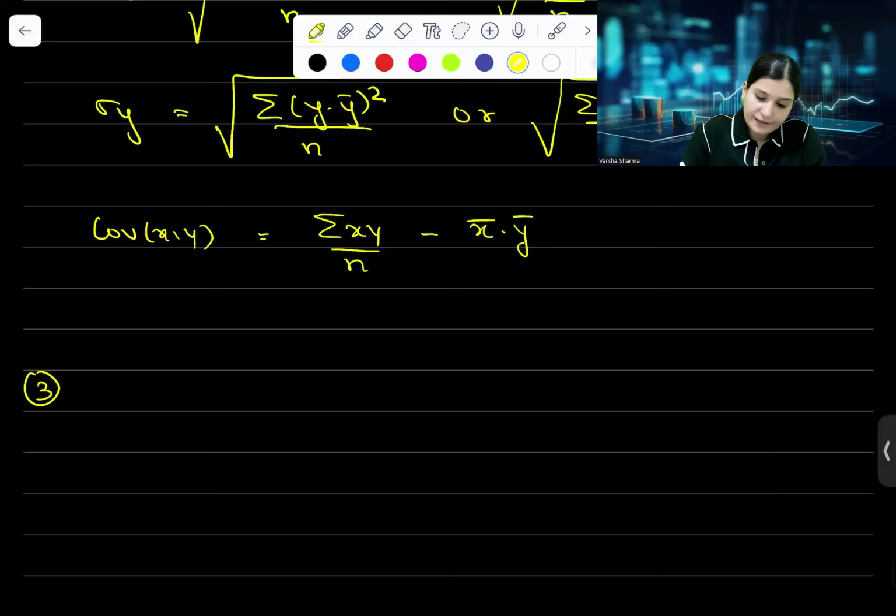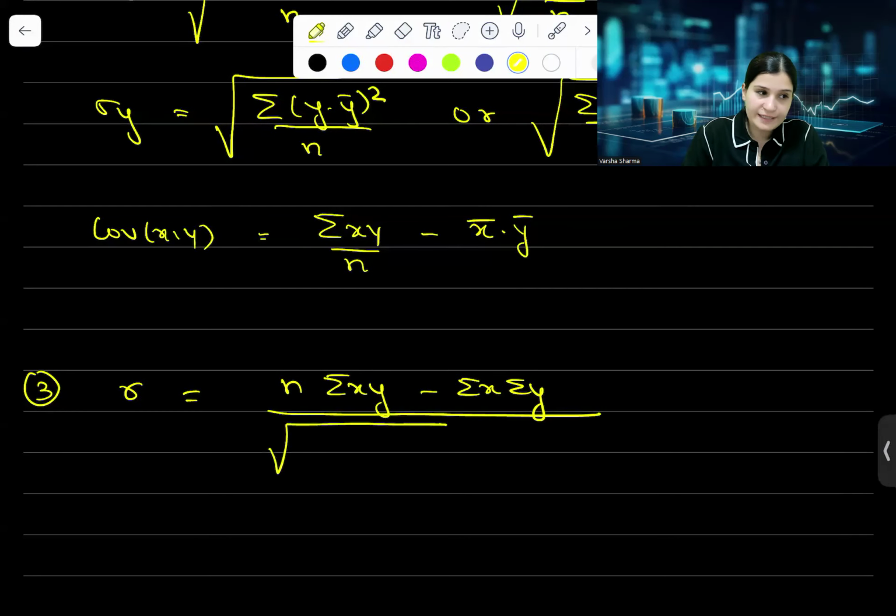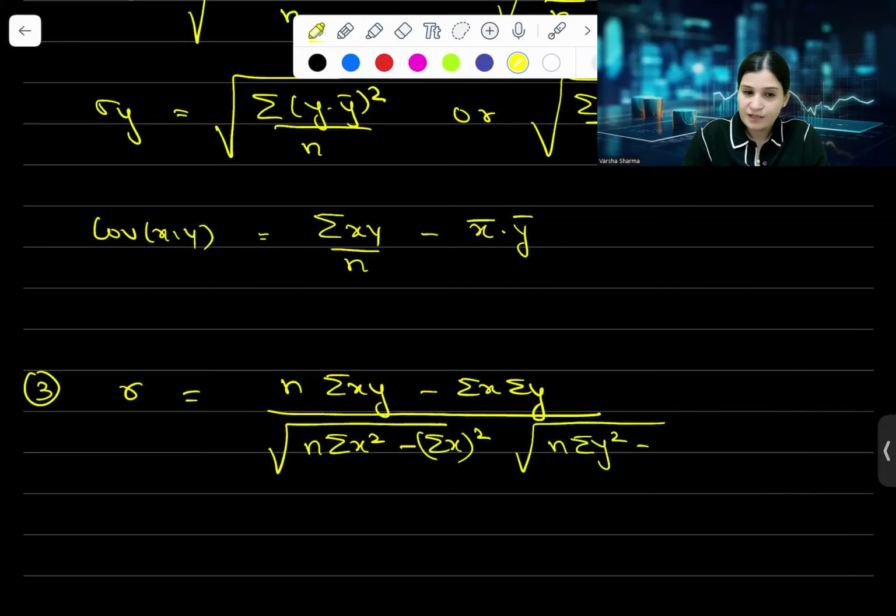Another formula is directly n summation xy minus summation x into summation y, divided by root of n summation x square minus summation x whole square, into n summation y square minus summation y whole square. I personally don't ask you to do this. It's pretty difficult to remember. If you can remember, you can use it.